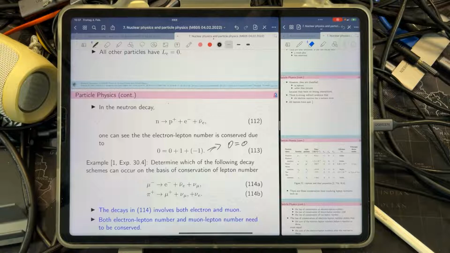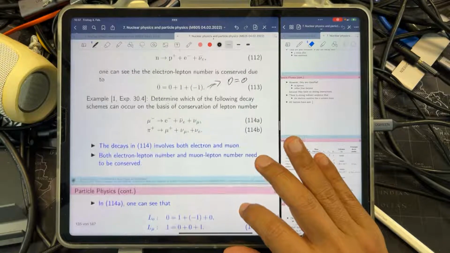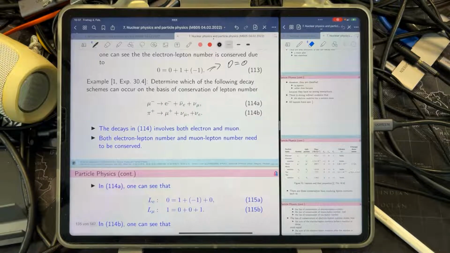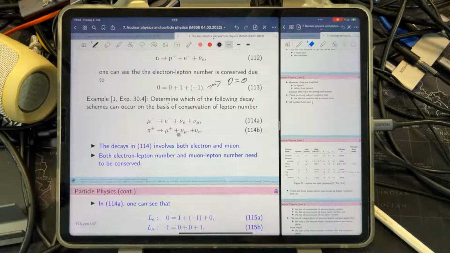Okay, now we move to this one. Determine which of the following decay schemes can occur on the basis of the conservation of lepton number. So, I'm not sure whether this process is correct or not.